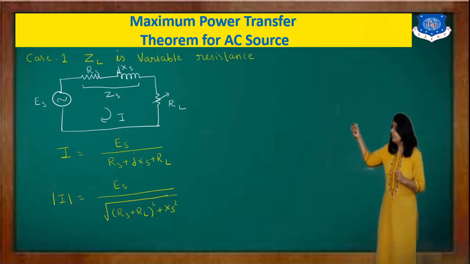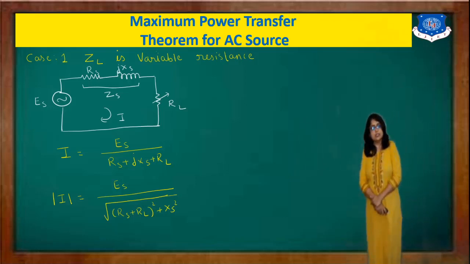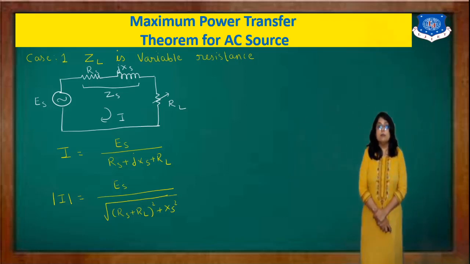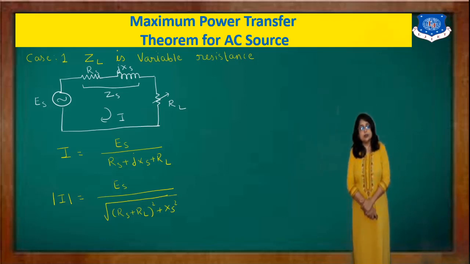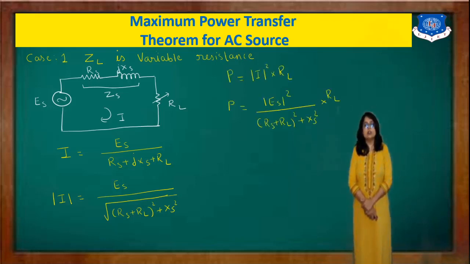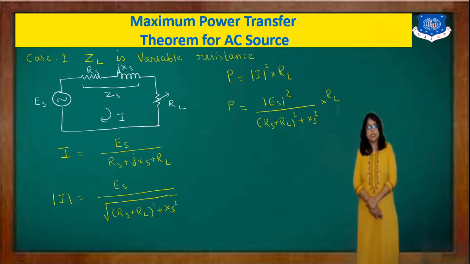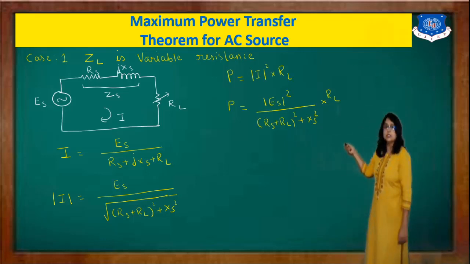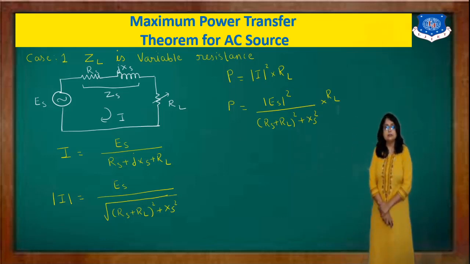So what will happen? I equals ES upon under root of (RS plus RL) whole square plus XS square. Now P equals I square into RL. So P equals ES square upon this, multiplied by RL.